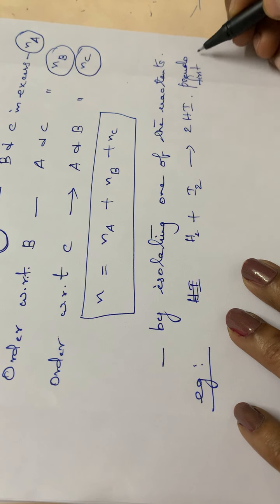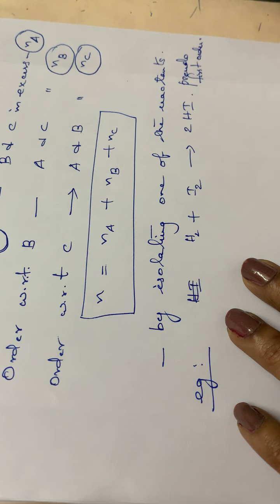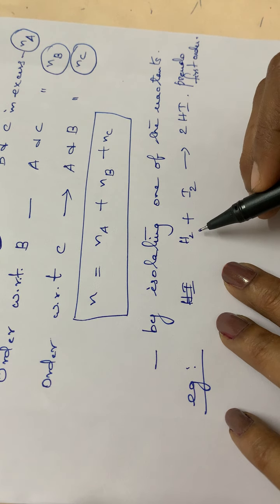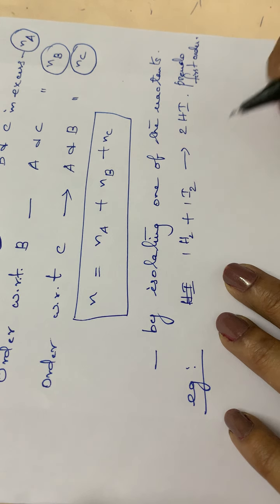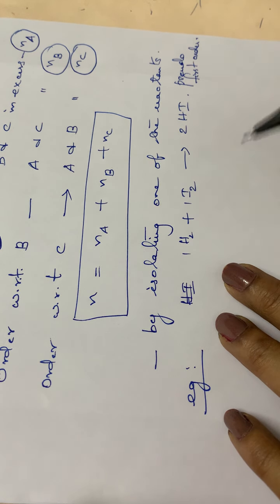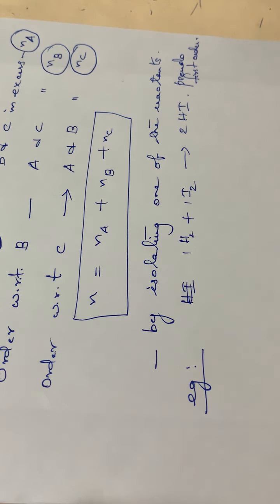Pseudo first order means that if we write the overall order of this reaction, it will be 2, isn't it? But actually it behaves as a first order reaction. So that is a pseudo first order.